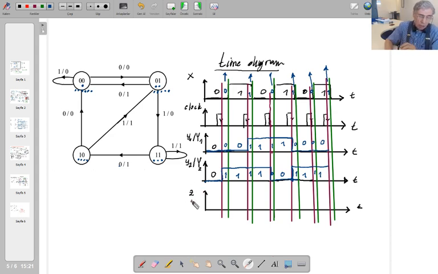Now Z is the output of a combinational circuit, and this combinational circuit does not work with clock. There is no clock input in the combinational part. So therefore, Z output is going to be drawn just by looking at the present state and the input. So let's do it now.